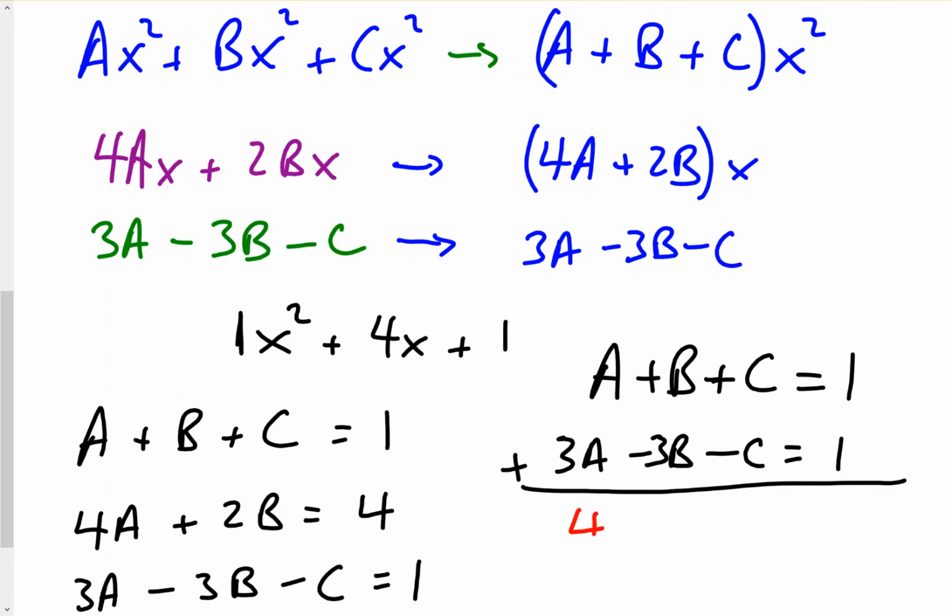That means we have 4a, 1b minus 3b, that would be a minus 2b, plus c and minus c, that eliminates, equals 2. Oh, perfect. So we have this equation that we just got, and we could add it to the middle equation over here.